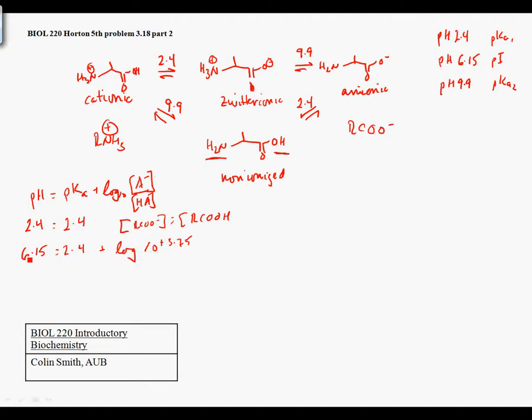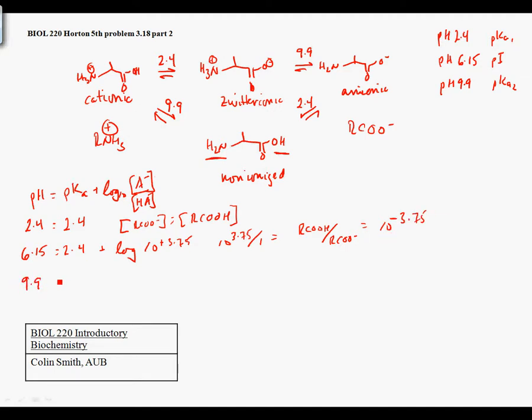It means that at pH 6.15, the ratio of this to this is going to be 10 to the 3.75. The book does it in integer exponents, to 1 of the carboxylate to the carboxylic acid, which is equivalent to saying that the ratio of the neutral carboxylic acid form to the more common ionized form is going to be equal to 10 to the negative 3.75. So it's going to be quite rare.